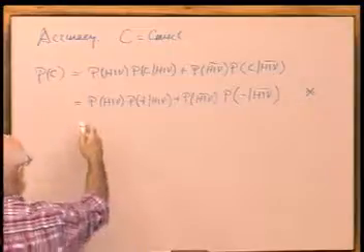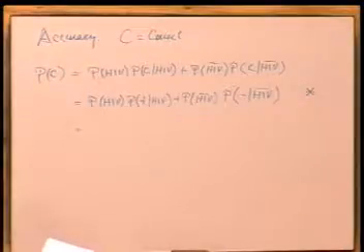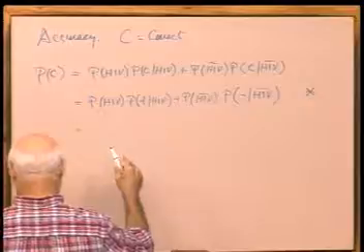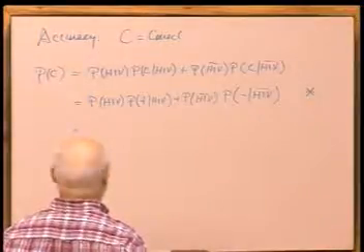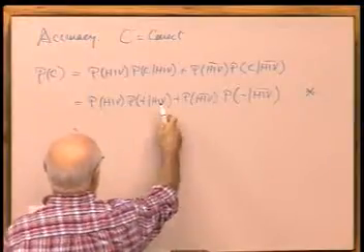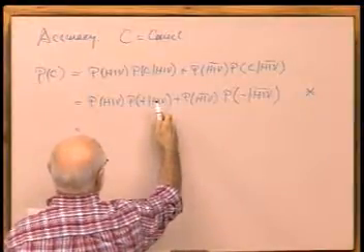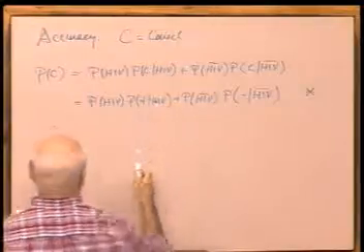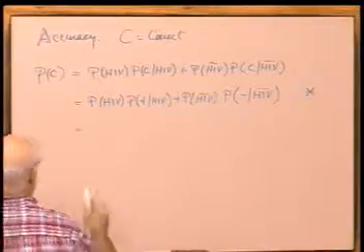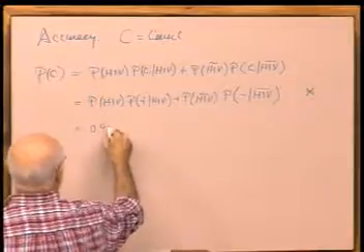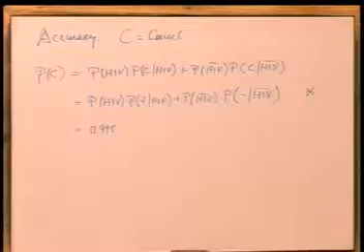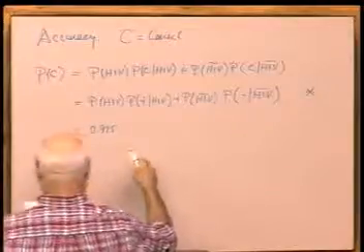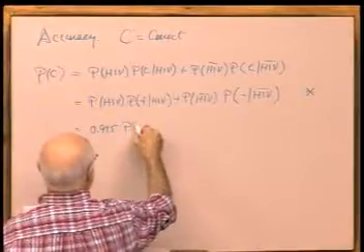Okay, so what's the probability of HIV in this problem? Wait a minute here. Yeah, let me write it this way. What's the probability that if I have HIV, the test will correctly identify that? Well, that's going to be 0.995, because the probability of error in that case is 0.005. So this is that, and here I'll write the probability of HIV.